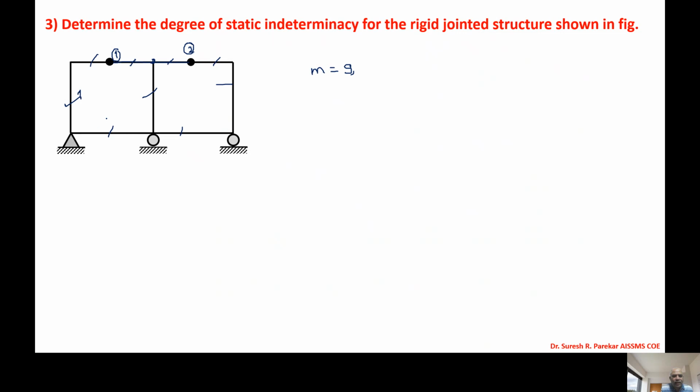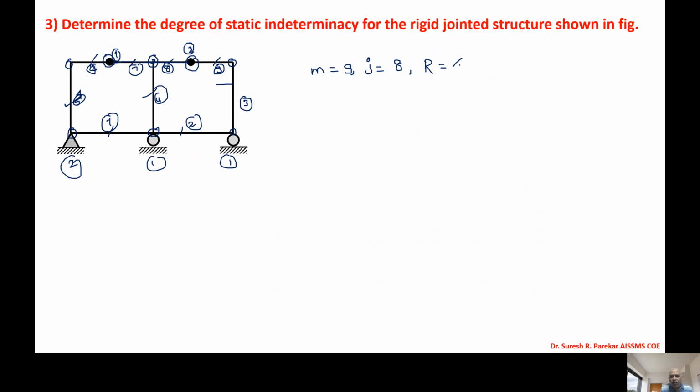Joints we have 1, 2, 3, 4, this is a hinge also, joint 5, this is 6, 7, and then 8. So we have joints equal to 8. And R we have 2 over here, 1 over here, and 1 over here.